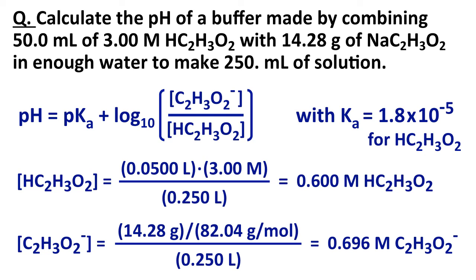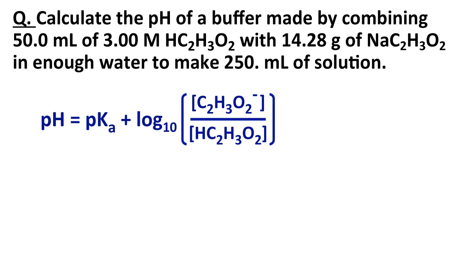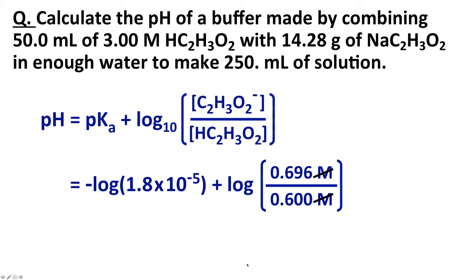Okay, we now have our K sub A value. We have our concentration of both species in the buffer, so we can plug into the equation: pH equals negative log of 1.8 times 10 to the minus fifth, which is the pKa value, plus the log of acetate ion concentration over acetic acid concentration. And notice this is a ratio of molarities, so the units of molarity cancel.